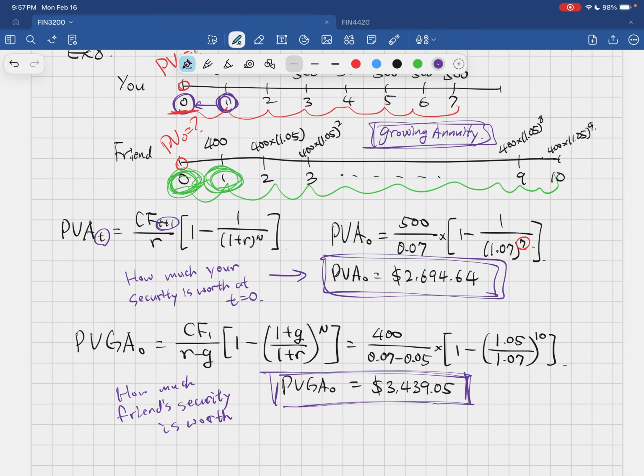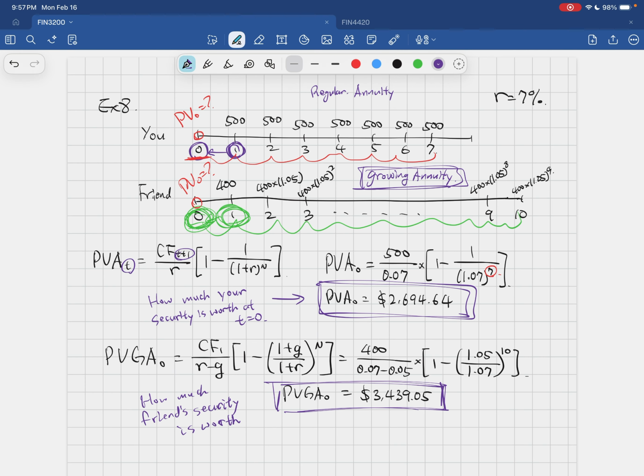Okay, so the question asks, how much are you willing to pay to exchange the securities? So we take the difference between the two numbers.